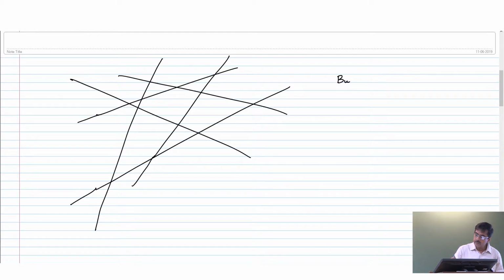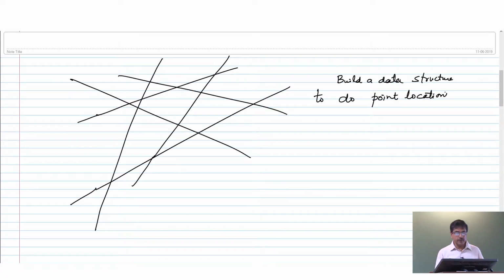So, build a data structure to do point location. So, by which what I mean, so I am given this set of n lines. Okay. So, let us say this L is set of n lines, L1, L2 up to Ln, okay.